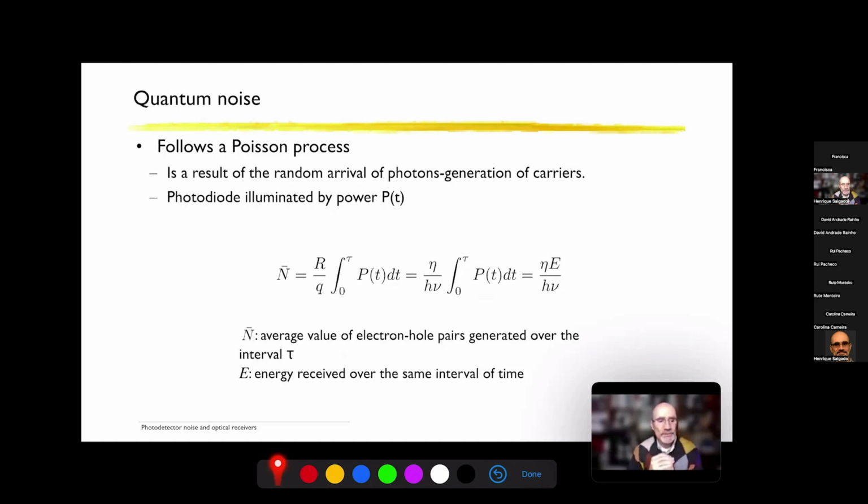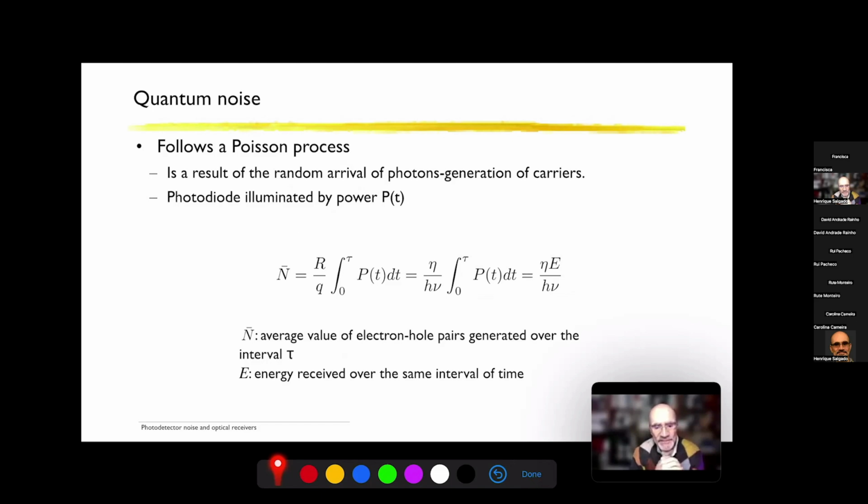And so starting with quantum noise, as I said, quantum noise follows a Poisson distribution and is a result of the random arrival of photons, generation of carriers, at the photodetector.